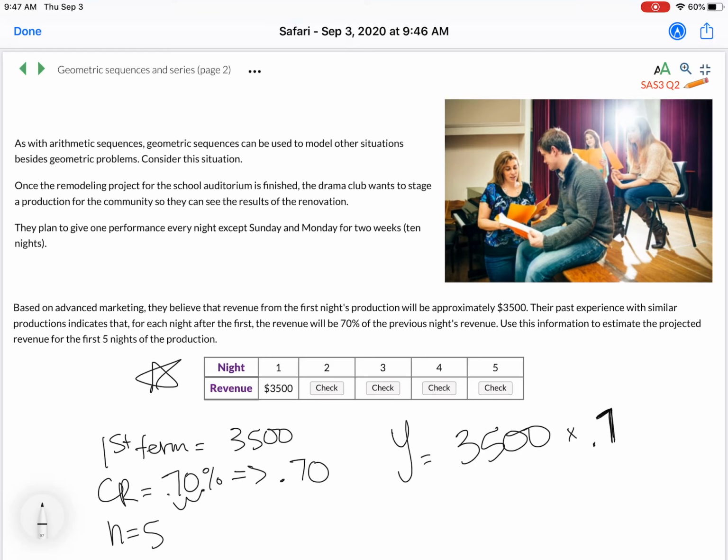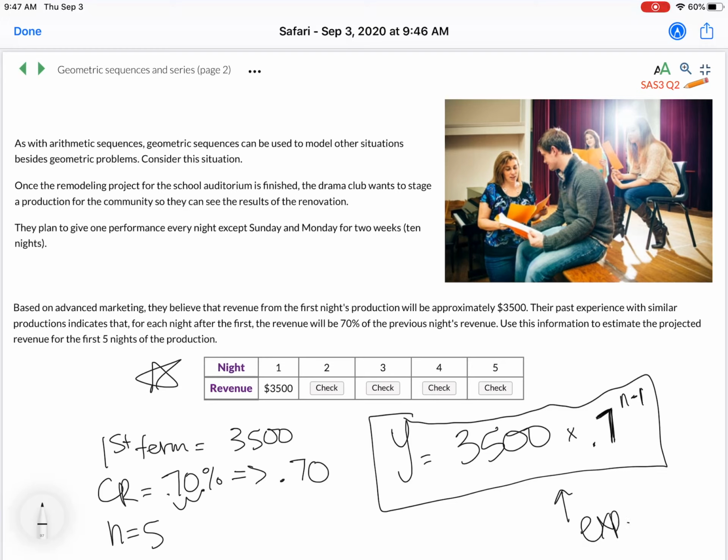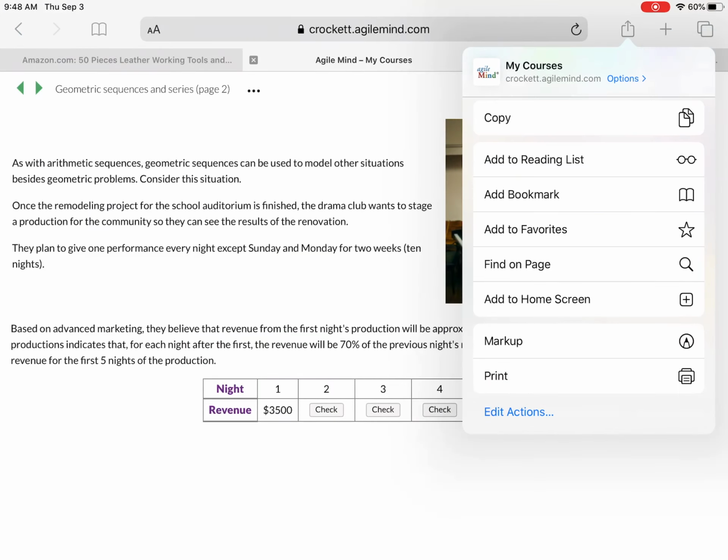And since it is exponential, our recursive definition is going to go in the exponent. Okay? So I want you to draw an arrow and I want you to write exponential. All right, I'm going to click off of this.